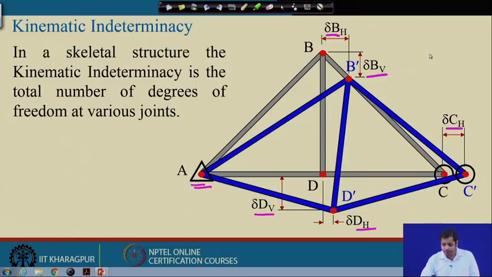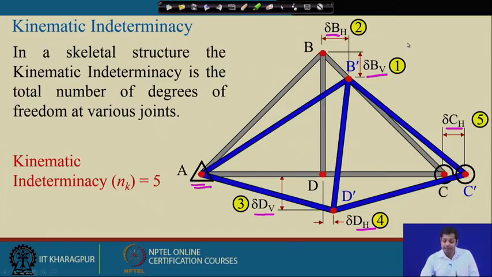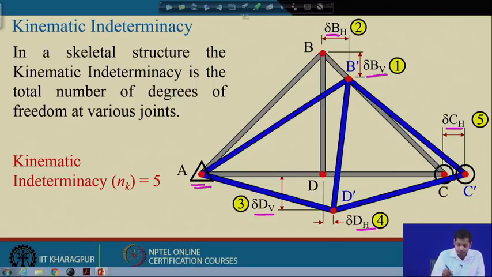How many displacements do we have here? We have 1, 2, 3, 4, and 5. So a total of 5 joint movements has taken place. The kinematic indeterminacy of this structure is then 5, right.